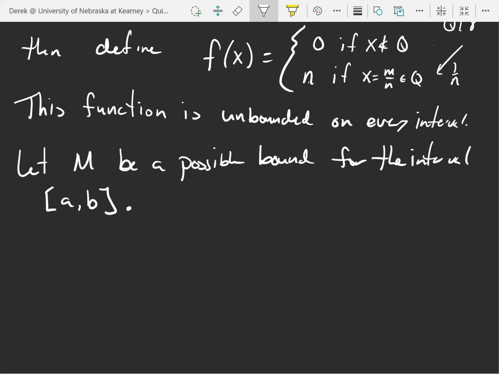All right. We want to get something bigger than M, and we want some rationals that are inside a and b that are bigger in denominator than M, so that this function is bigger than this possible bound. So let (b minus a) over 2 be, we'll call it epsilon.